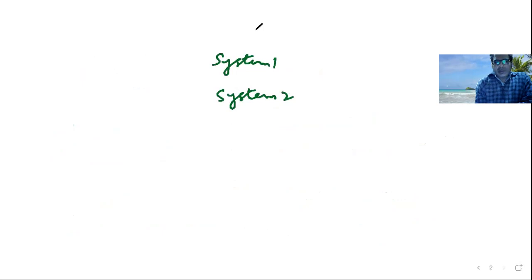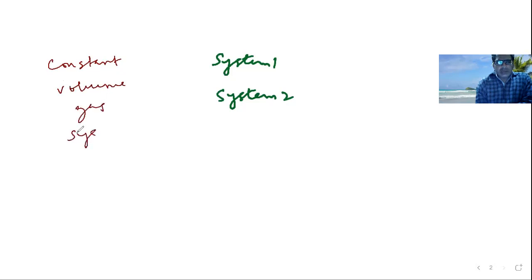And let these systems be constant volume gas systems. What is the meaning of that?